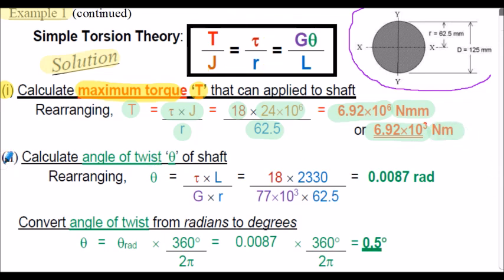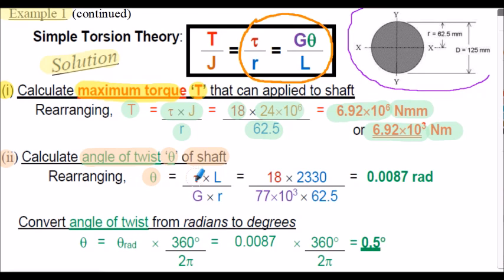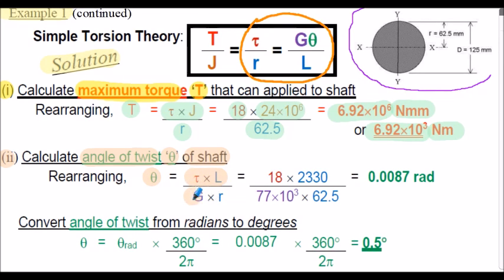Considering part 2 here, I'm going to calculate the angle of twist, that's theta of the shaft. So now using these two parts of the simple torsion equation, rearranging for theta, that's tau multiplied by L divided by G R. Again, inserting the values that were given in the previous slide, that evaluates to an angle of twist theta of 0.0087 radians.